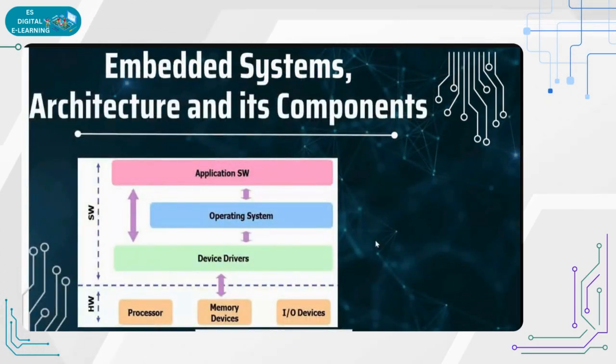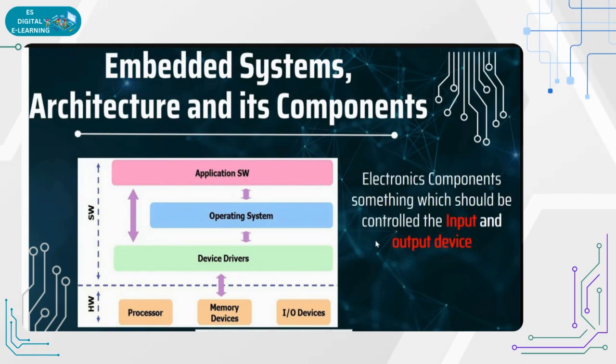Okay. So hardware will cover the processor, memory devices, and IO devices. And coming to the software level, we have the device driver software, the operating system software, and the application software. So software is divided into three sections. Hardware is completely the hardware part.